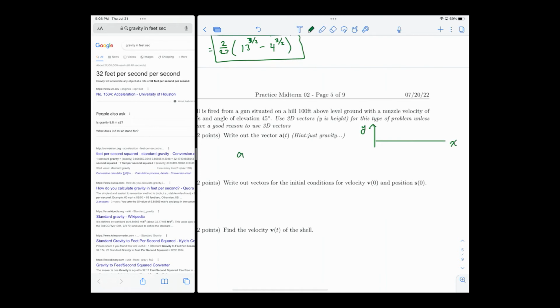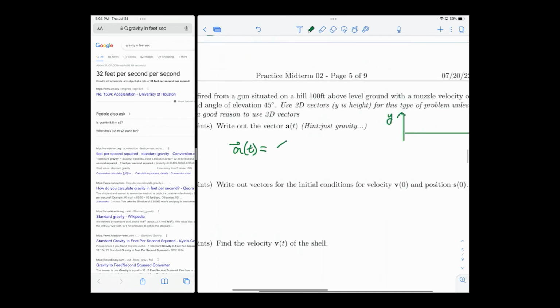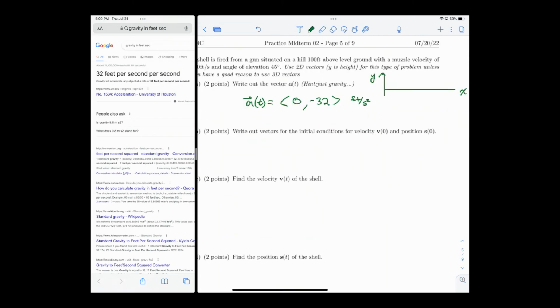In the a(t) vector, there's no acceleration in the x direction due to gravity, but there is an acceleration down of negative 32, in feet per second squared.